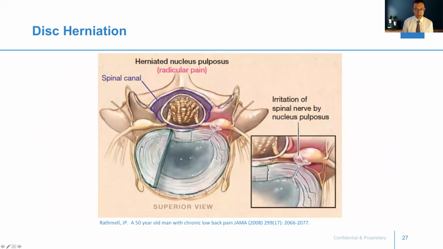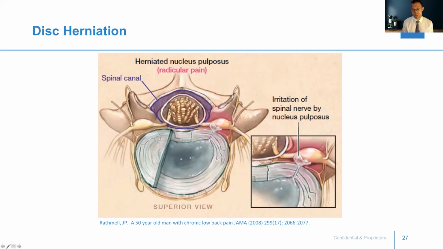Then we'll move on to this picture, which kind of diagrams a disc herniation, or herniated nucleus pulposus. The discs are composed of a fibrous ring, which surrounds a softer or gelatinous type of soft tissue inside called the nucleus pulposus. When a disc herniation happens, some of the nucleus pulposus material finds its way out through an opening in the annulus fibrosus.